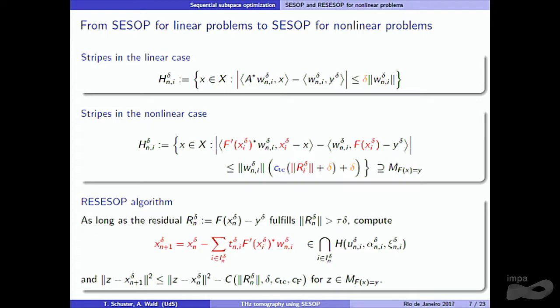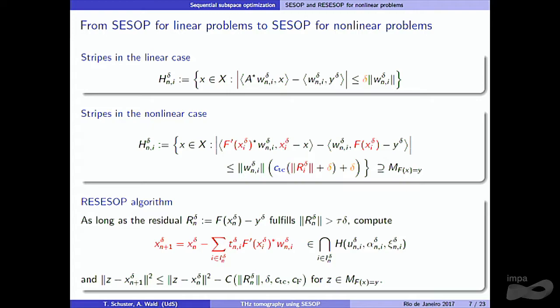In a nonlinear case, it looks a little bit more complicated. To define the stripes you use the adjoint of the Fréchet derivative applied to the residual, defining the search directions. And you use the noise level and this constant c_TC from the tangential cone condition.